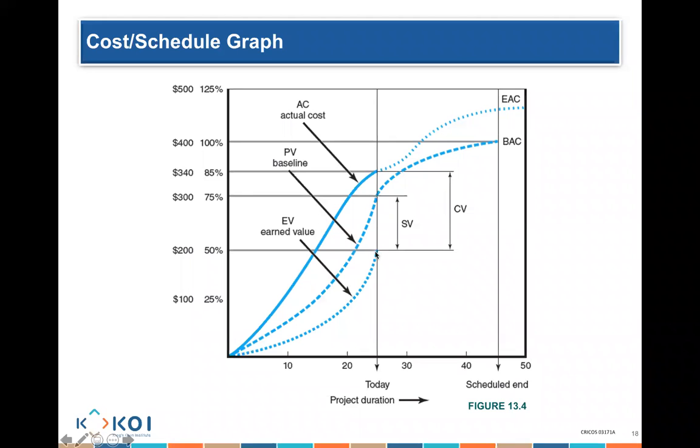Now I earned 200, but my planned earning was 300. So am I behind schedule or ahead of schedule? Again behind. I am behind schedule. So you can see how when you compare the earned value line to the planned value line, you get a schedule variance.